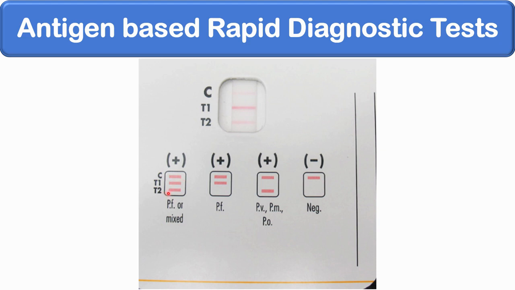Test line 2 is coated with capture antibodies common to all Plasmodium species, for example, Pan LDH or aldolase. Procedure: a drop of blood specimen is added along with a buffer solution to the sample window, and malarial antigen combined with polyclonal malarial antibody labeled with colloidal gold present in the buffer moves along the nitrocellulose membrane to meet its corresponding antibodies at different test lines.